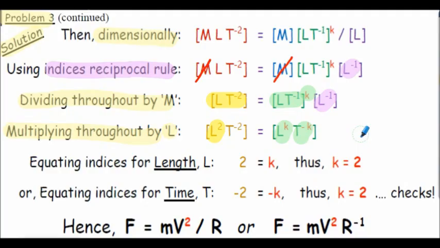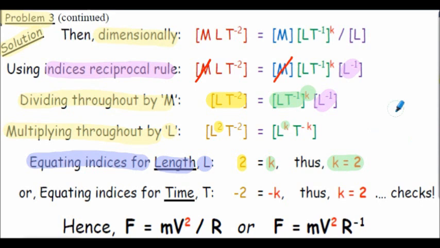I don't really need to apply that step here, but I'm just trying to show it for clarity when I equate my indices. So next line I equate the indices for length, L. So on the left hand side I have L squared, L to the 2, so 2 on the left hand side. On the right hand side I have L to the K, so that's K on the right hand side. We can clearly see that K is equal to 2, so I've solved the problem.